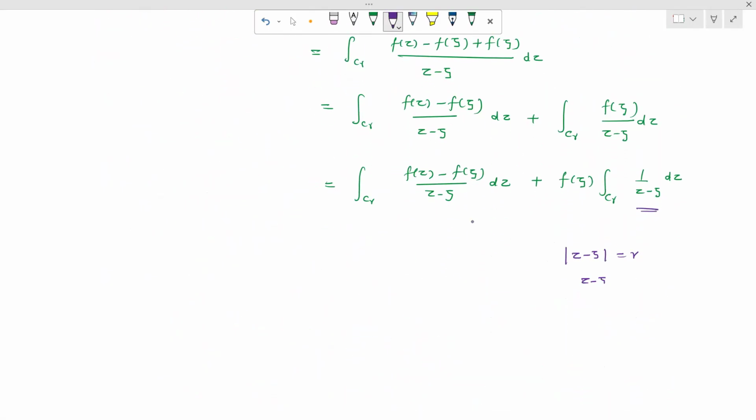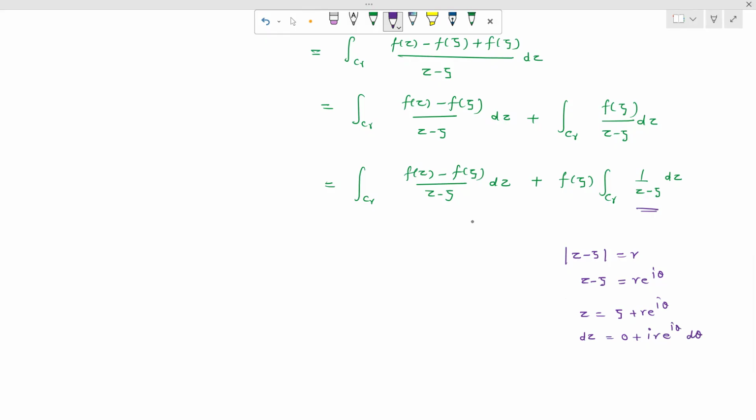So z minus zeta equals r e raised to the power i theta, so z equals zeta plus r e raised to the power i theta. Then what is the value of dz? Zeta is constant, so dz equals 0 plus i r e raised to the power i theta d theta.